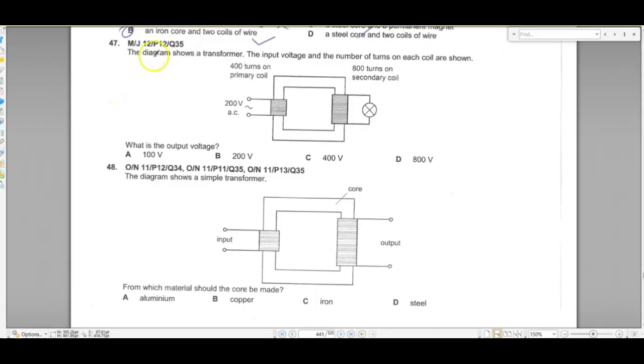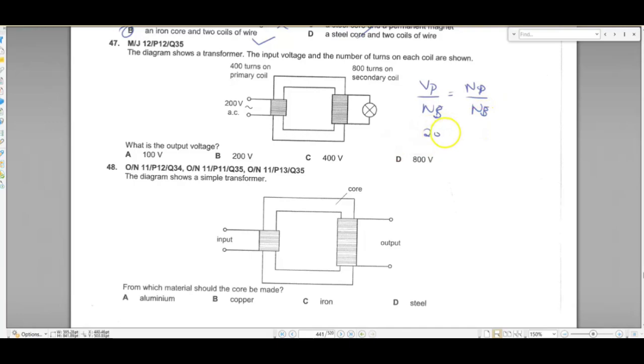Question number 47. The diagram shows a transformer. The input voltage and the number of turns on each coil are shown. What is the output voltage? Oh, sorry. So many times I've written this formula and again I make this mistake. Don't you make it.